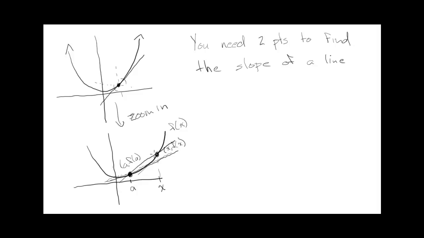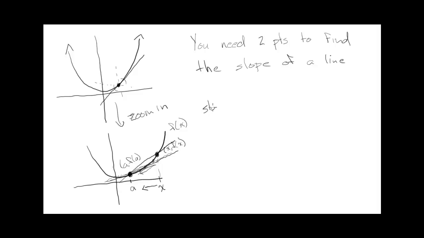It's clearly a lot steeper, but what I'm going to do is, I'm going to let X, or this point, slide along this curve. I'm going to let X approach A, or get closer and closer to A. So this is going to move along down, and as you move down, the slope is going to get closer and closer to the slope of that tangent.